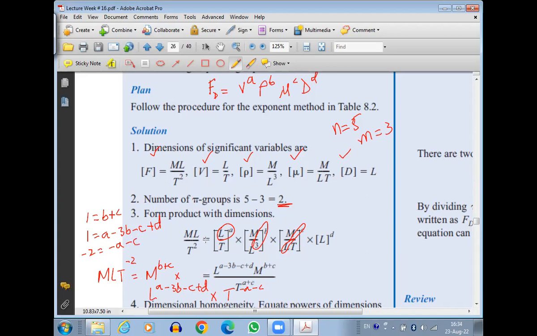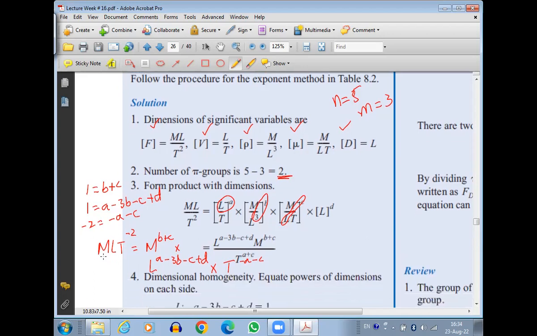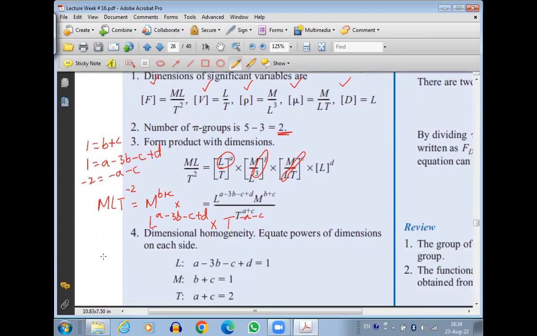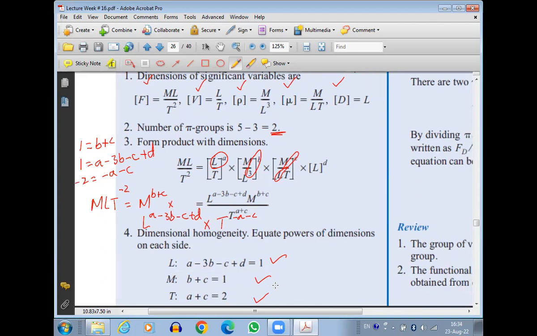So we have 3 equations and 4 variables, so we can put all the other variables as a function of one of the variables. Let's say we take d as the variable. We can find a as a function of d, b as a function of d, and c as a function of d.